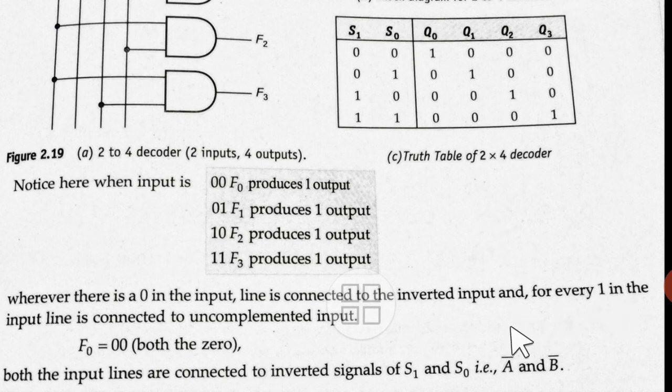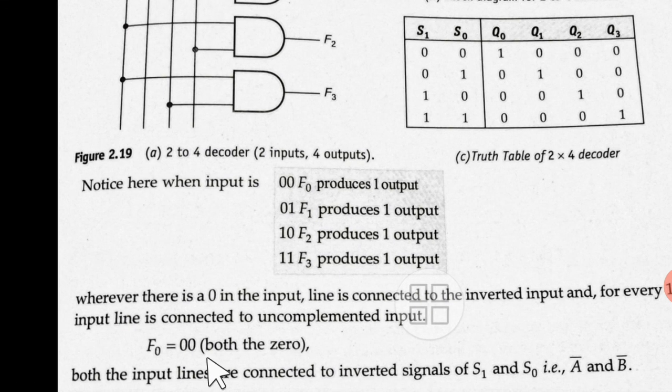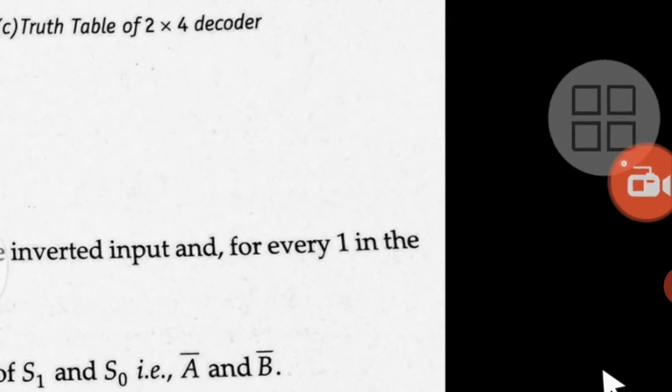For every 1, the input line is connected to the uncomplemented input. And for F0 equal to 0 0, both are 0, so both inputs are connected to the inverted signals of S1 and S0, that is A dash and B dash, or A complement and B complement, or A bar and B bar.